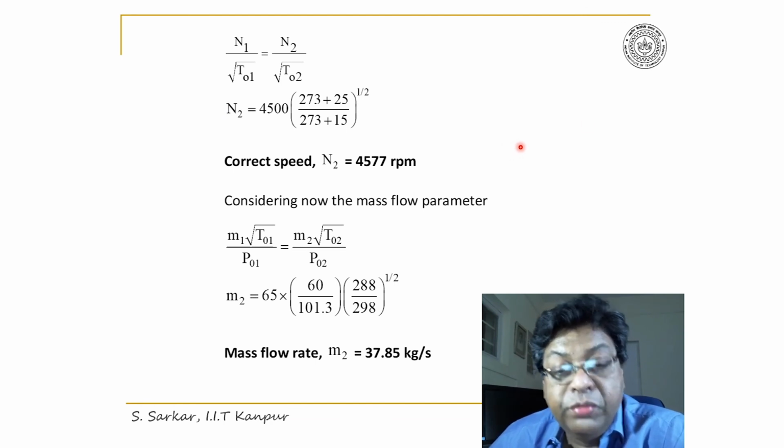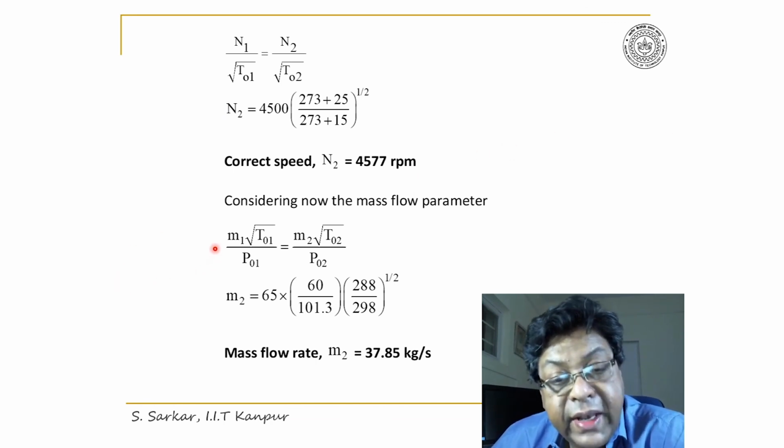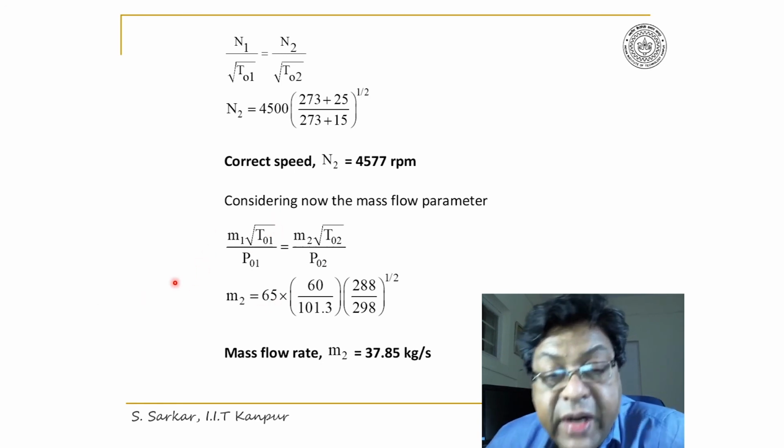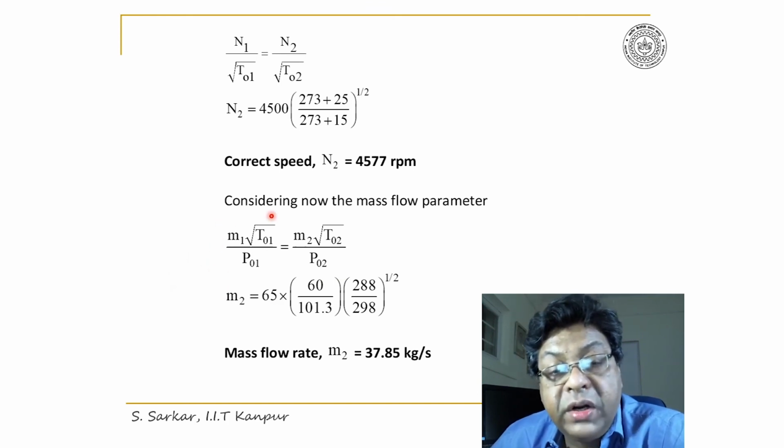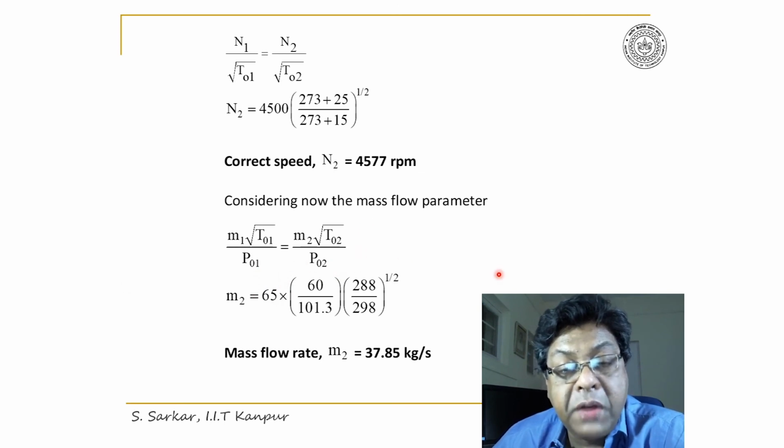Similarly, we know the capacity as m root over T0 by P0. So I can write m1 root over T01 by P01 must be equal to m2 root over T02 by P02.